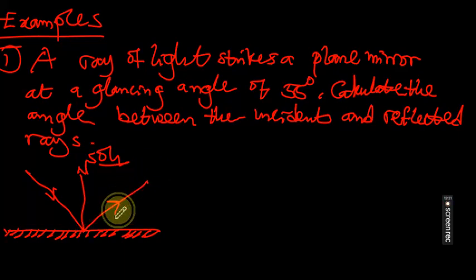Now you were told that a ray of light strikes a plane mirror at a glancing angle. Glancing angle is the angle between the plane mirror and the incident ray. So the glancing angle of 55 degrees is this, and this other part also gives 55 degrees.